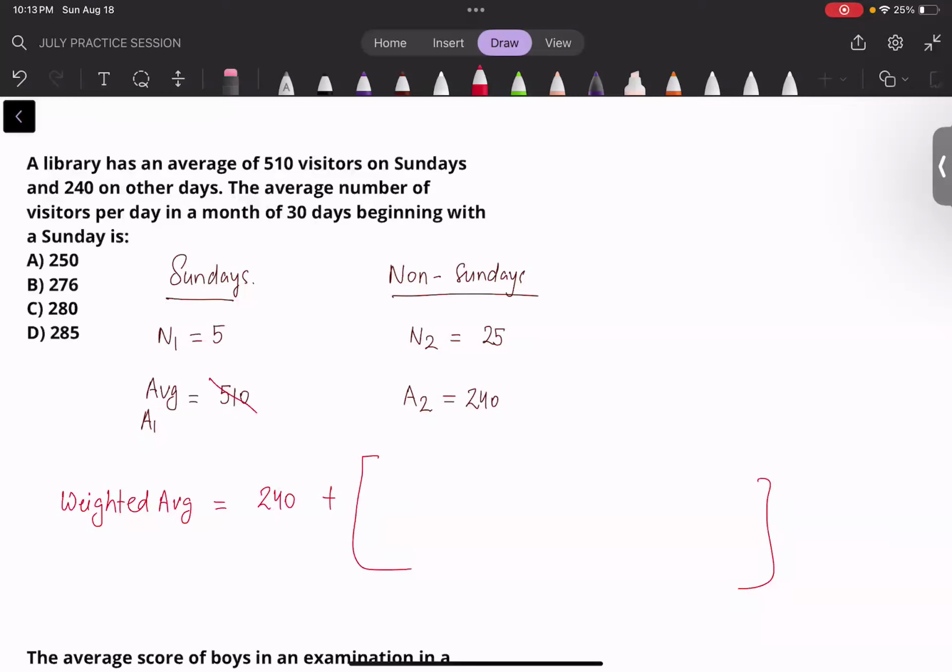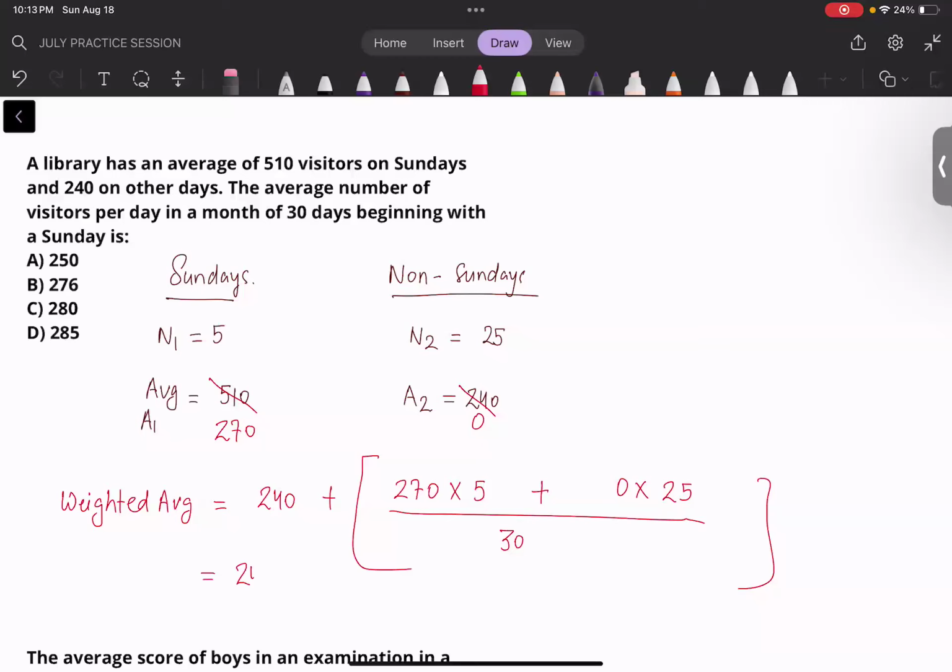510 minus 240 will be how much? You will say, sir, 270. 240 minus 240 will be how much? 0. So the deviations of A1 and A2 come out to be 270 and 0. Now with these values, I will apply the formula. So A1 deviation is 270, N1 is 5, A2 deviation is 0 into N2, divided by N1 plus N2, that is 30.